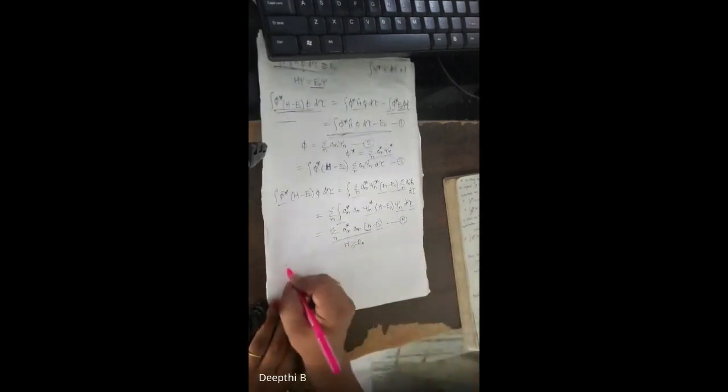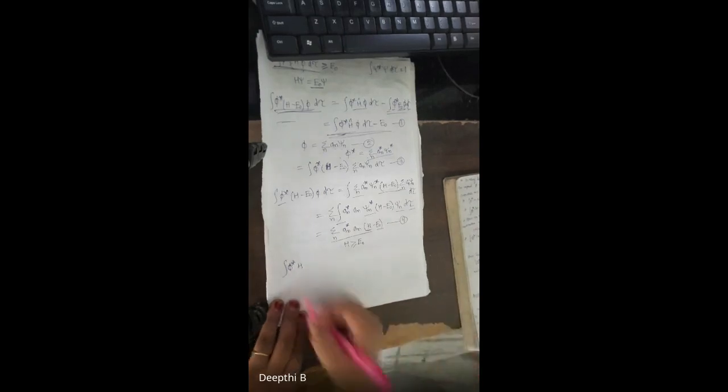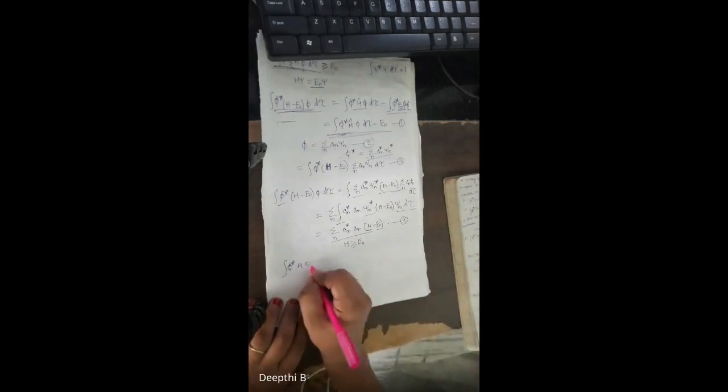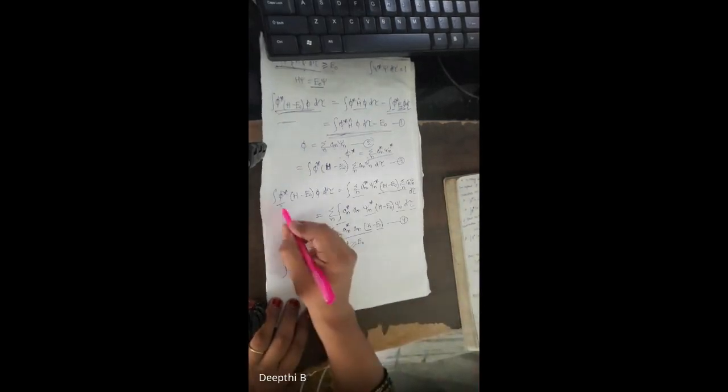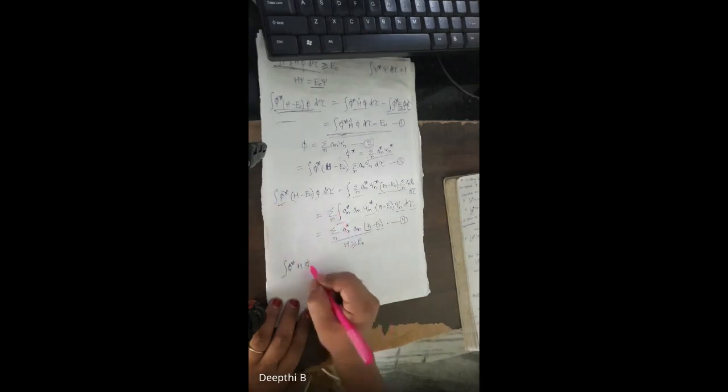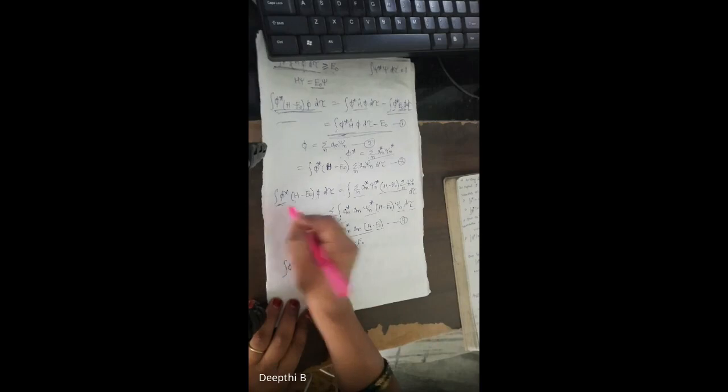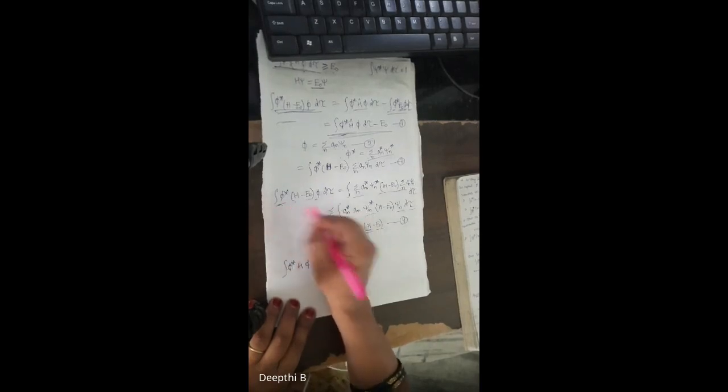See here, integration of, first write that term, phi star h phi d tau minus integration of phi star E naught phi d tau. So this is equation 1, no?